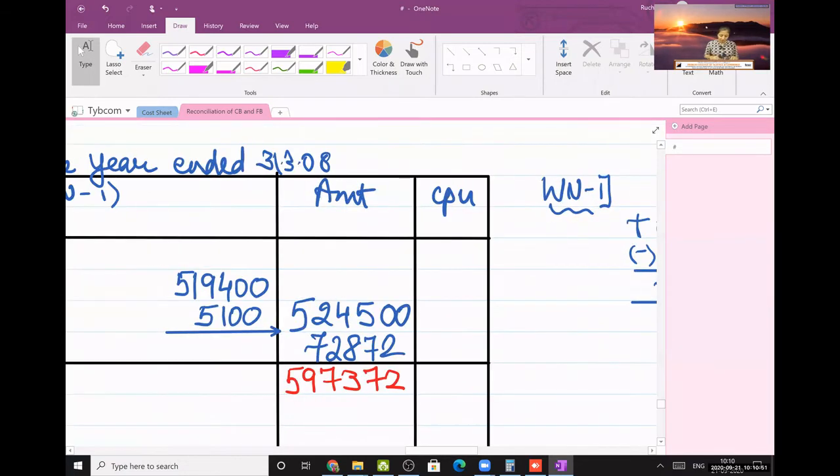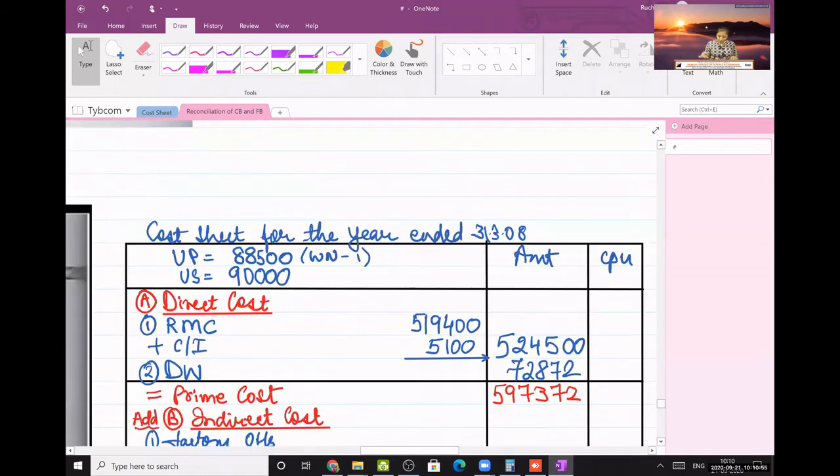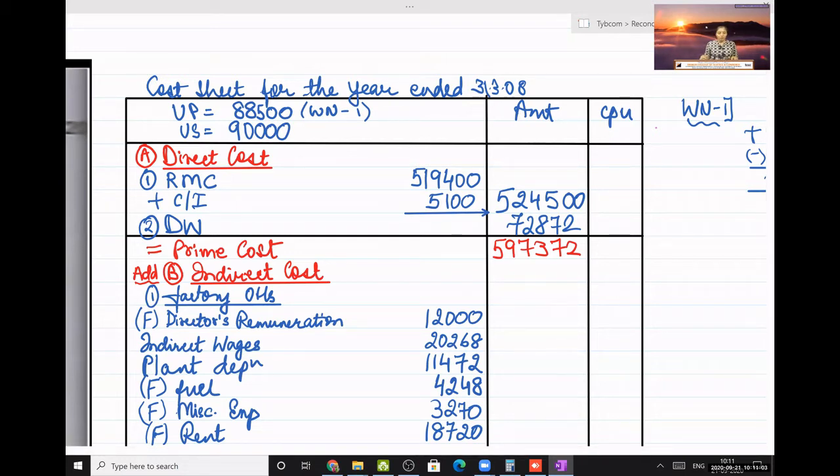Okay. Now come to your cost sheet. Prepare the CPU column, but we will keep it blank. Obviously, it's said excluding the CPU, but I need CPU only for my FIFO method. So prepare it, but we are going to keep it blank. Units produced we just got 88,500. Units sold 90,000. First is direct cost, raw material consumed.